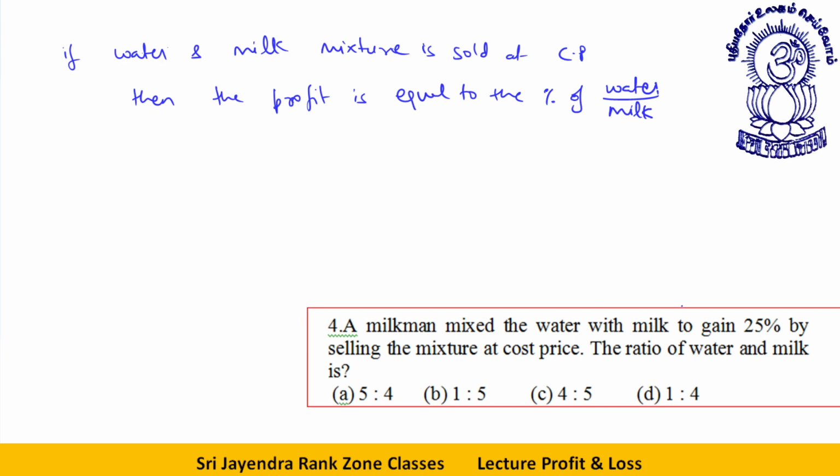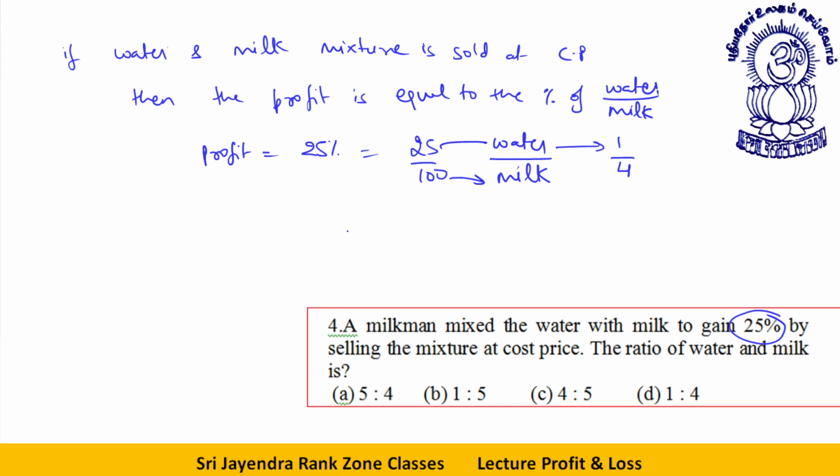Here the profit is to gain 25%, profit is equal to 25%, means 25 by 100. This is water, this is milk. This is 1, this is 4, or I can say the ratio of water and milk is 1 is to 4.